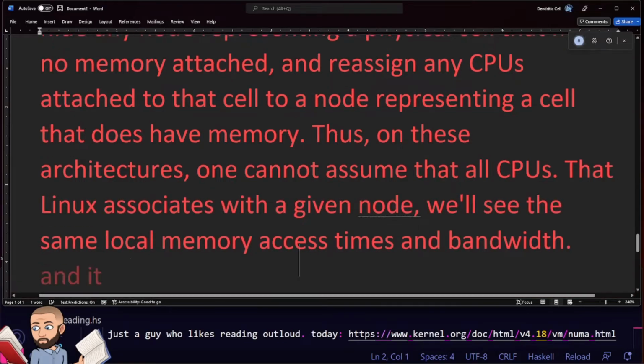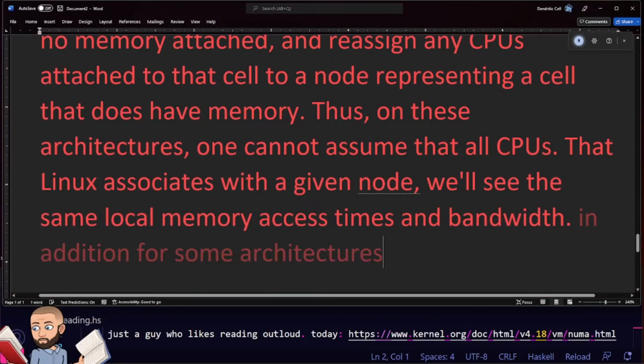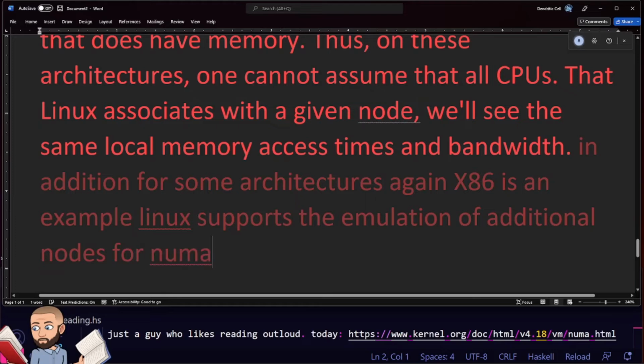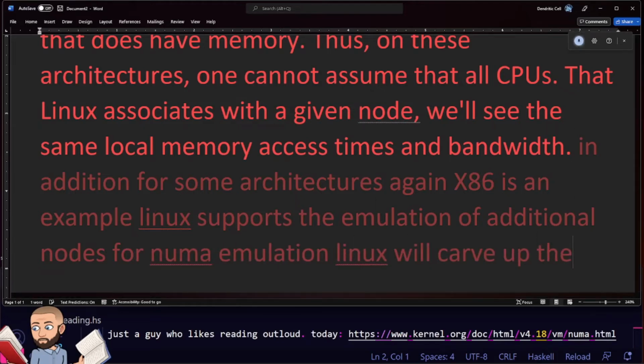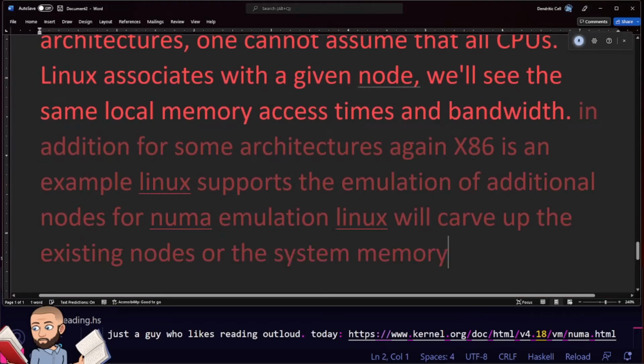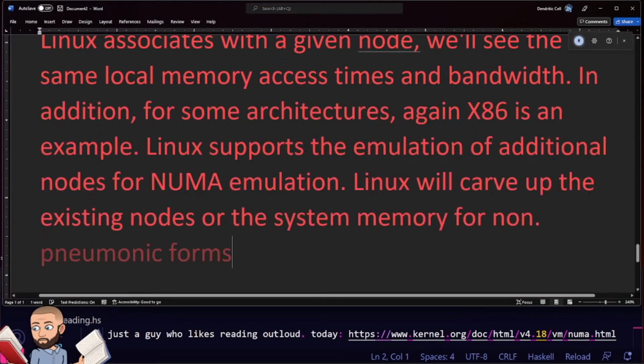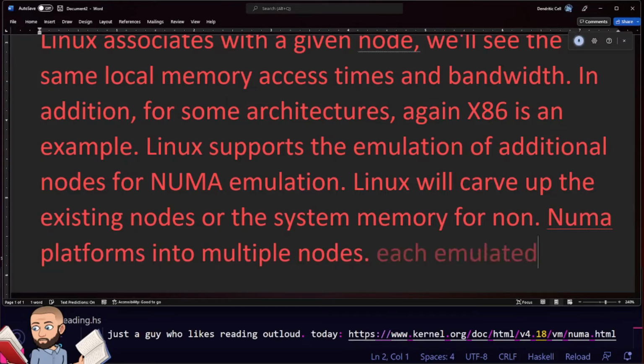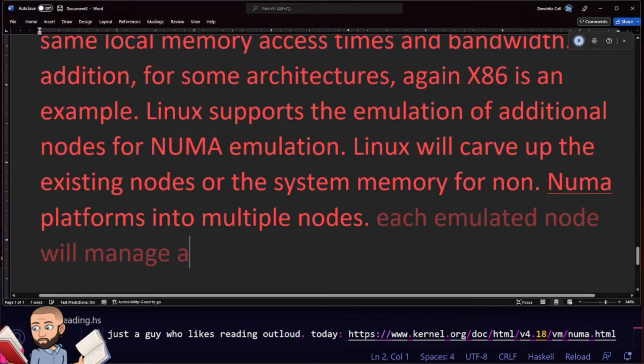In addition, for some architectures, again, x86 is an example, Linux supports the emulation of additional nodes. For NUMA emulation, Linux will carve up the existing nodes, or the system memory for non-NUMA platforms, into multiple nodes. Each emulated node will manage a fraction of the underlying cell's physical memory.